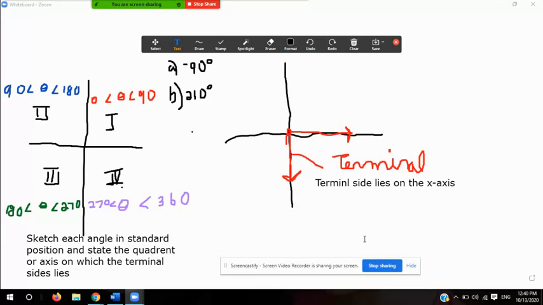Okay, so that's where the terminal side would be. I'm sorry, I realized I made a mistake. Give me 1 second. Not on the x-axis. The terminal side lies on the y-axis. Let me fix that. The terminal side lies on the negative y-axis because it's negative.